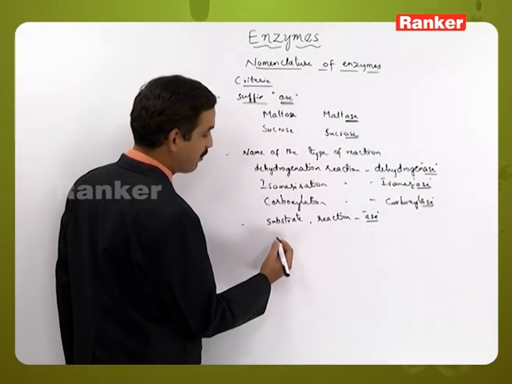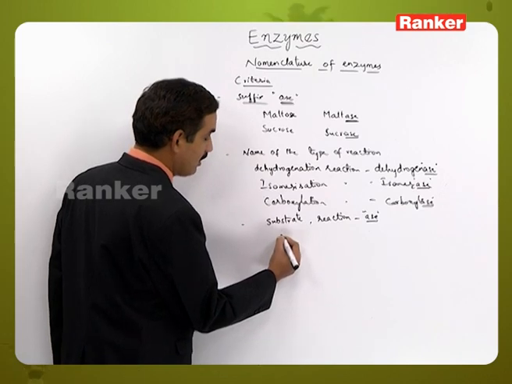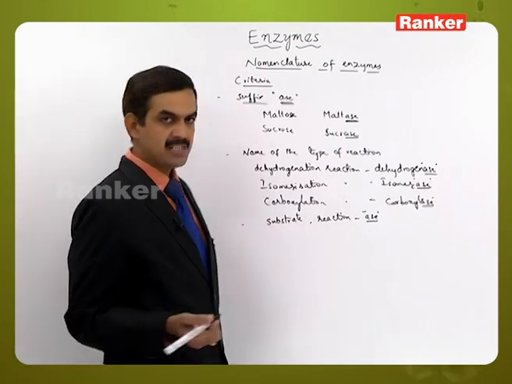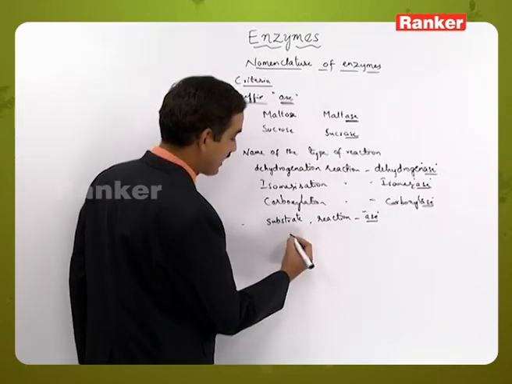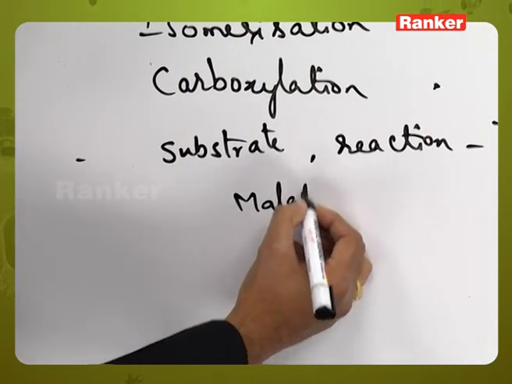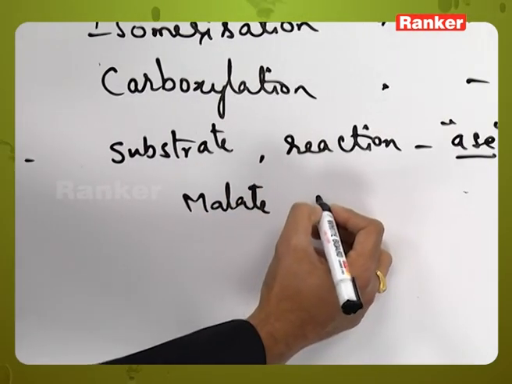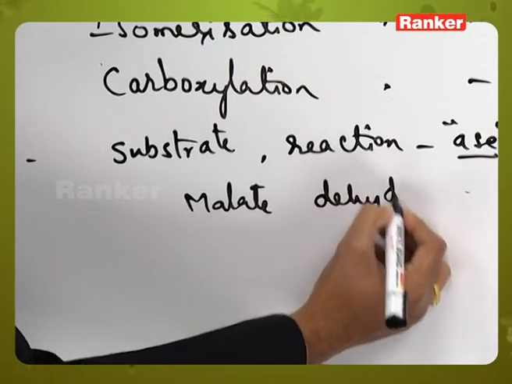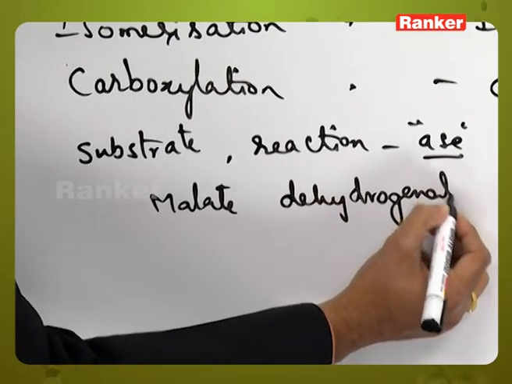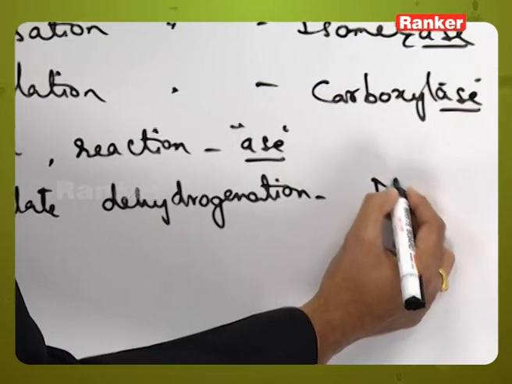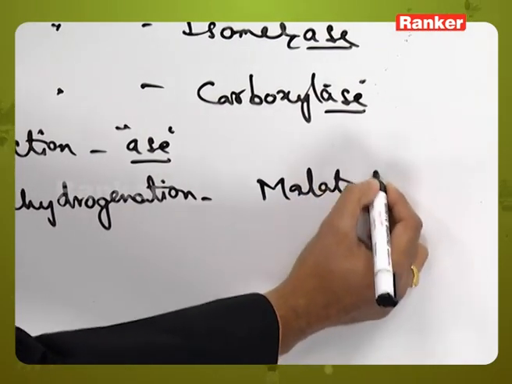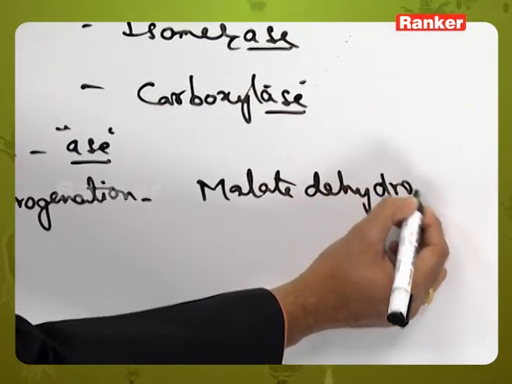For example, if any substrate is participating in some type of reaction, like malate, a substrate molecule, which is participating in the dehydrogenation reaction, we call it malate dehydrogenase.